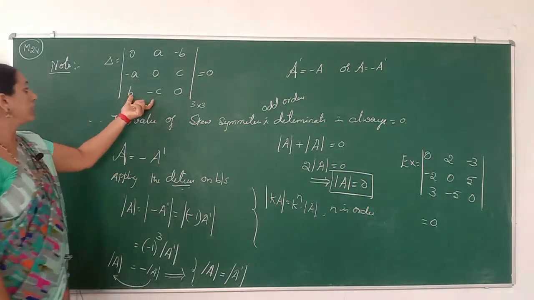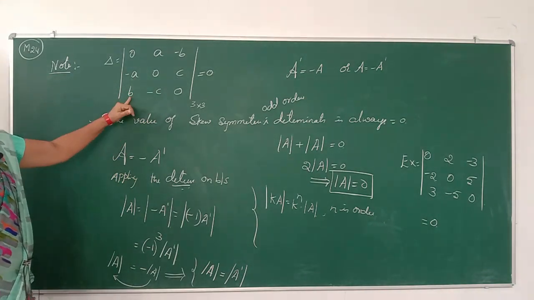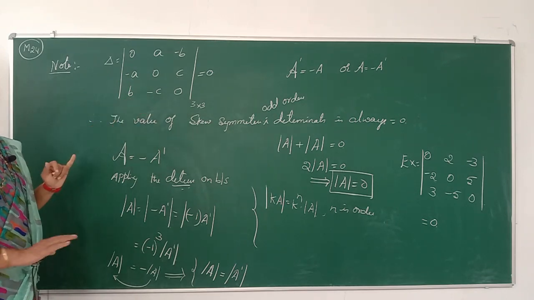That is one of the noting points. Always remember that the value of the determinant of a skew symmetric matrix is always 0.